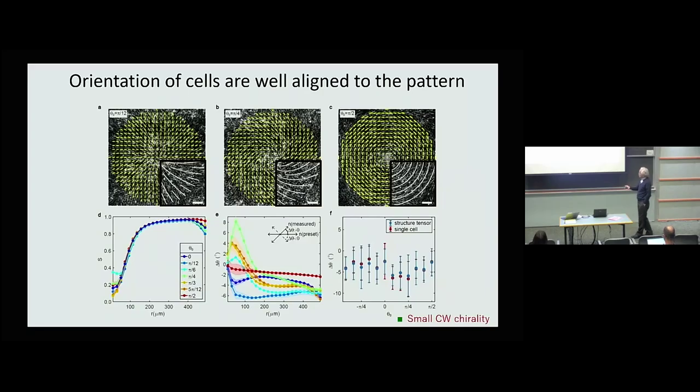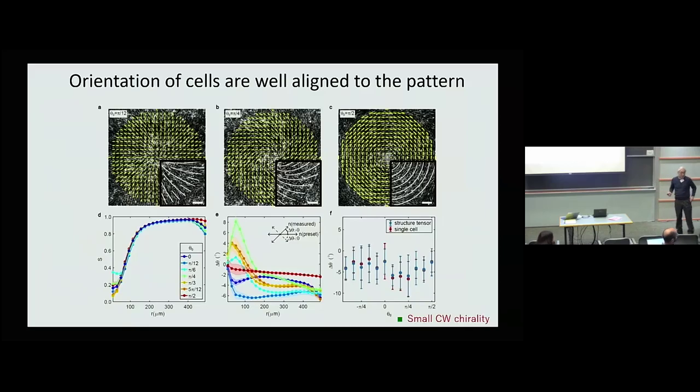Of course, at the core, the scalar order parameter decreases. It should go to 0, but you see it doesn't, maybe because of finite resolution. And the angle difference between the cell elongated direction and the pattern is very small, roughly plus or minus 5 to 3 degrees.